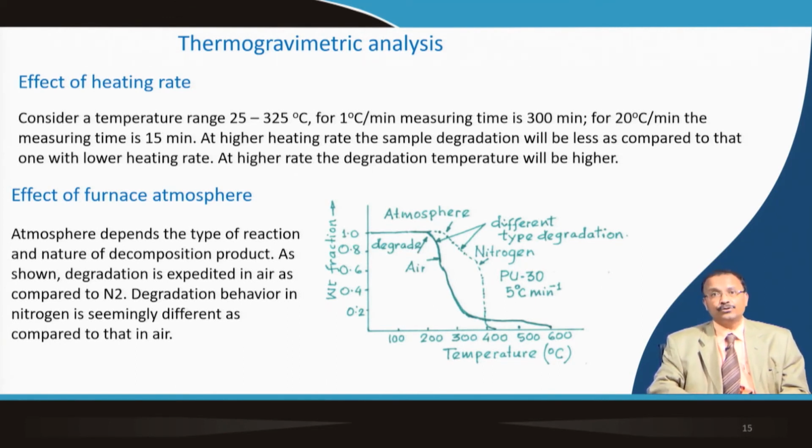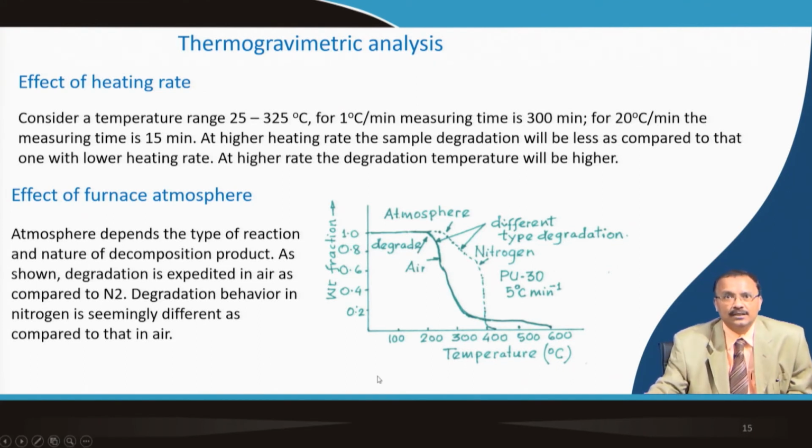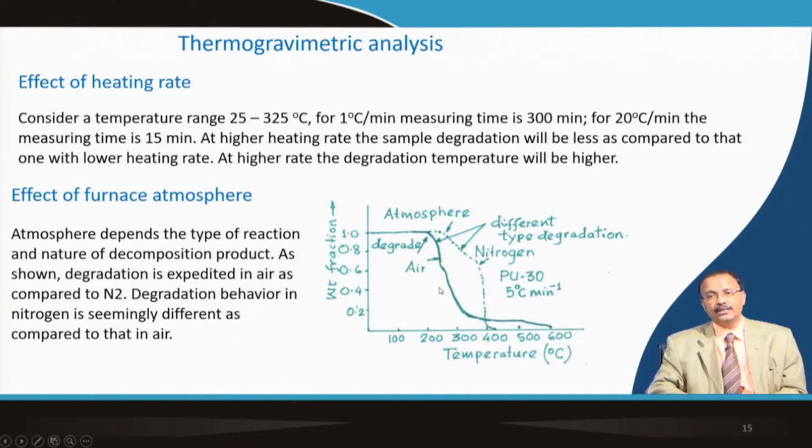Furnace atmosphere is also important, and as you can see, the same sample when you are doing the measurement in air ambient, it depends on the type of degradation in the sample. So, the nature of the degradation product is important.